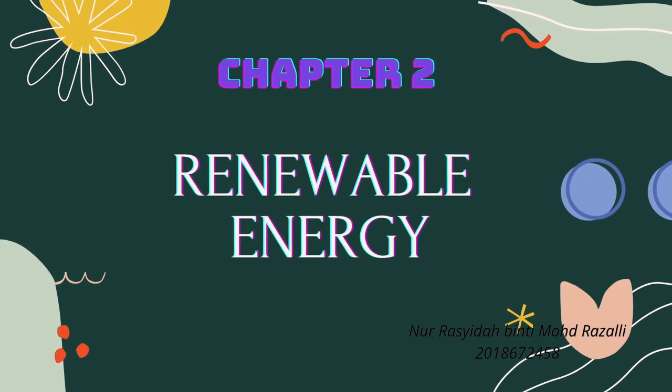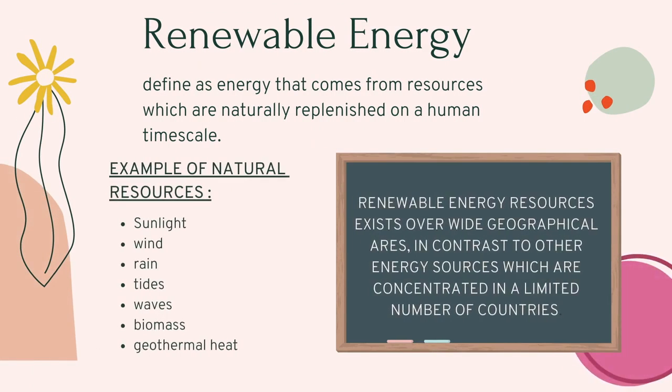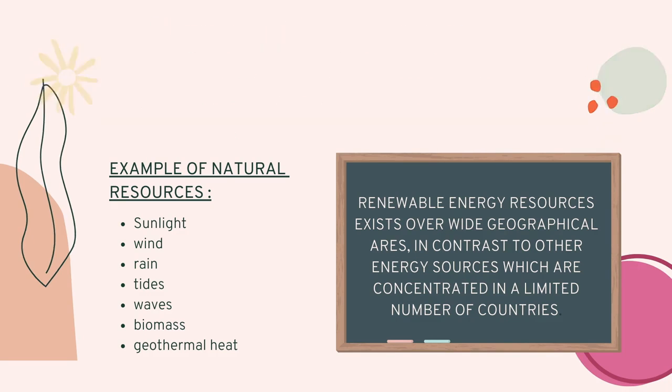Today I would like to present chapter 2, which is renewable energy. Renewable energy is defined as the energy that comes from resources which are naturally replenished on the human time scale. Renewable energy resources exist over wide geographical areas, in contrast to other energy sources which are concentrated in a limited number of countries.